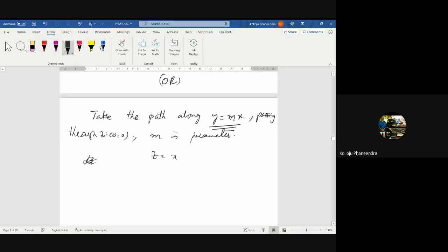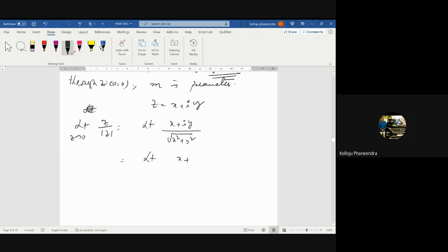So z equal to x plus iy. Limit z tends to 0, z by mod z is equal to limit (x plus iy) by root of x square plus y square. With y equal to mx, this is (x plus imx) by root of x square plus m square x square.